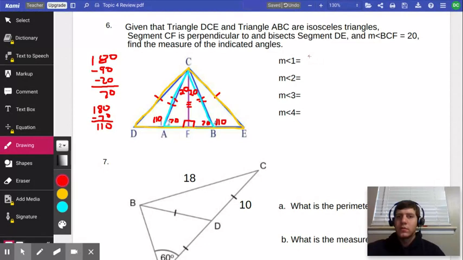So the measure of angle 1 is 110. So 2 and 3 then are 70, 70, and then 110.